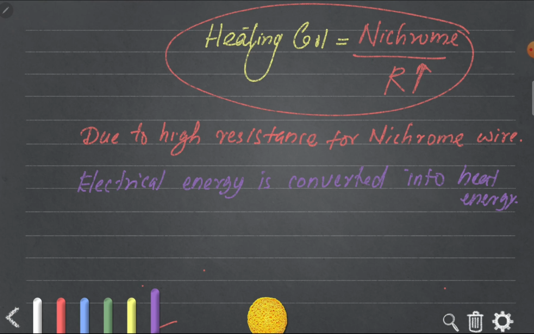Now what is the third question? How does this energy change occur? So we know the energy change is from electrical energy to heat energy. Then how does it occur? So we have to write that Nichrome has higher resistance.